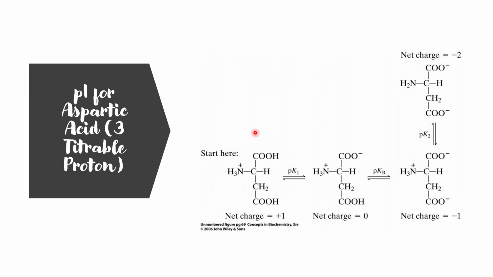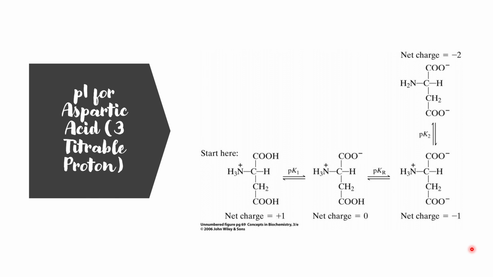So at low pH the moiety has a net positive charge, and after addition of base it has a net zero charge, and as we continue to increase the pH, it will lose another proton from the R group. At this particular point the moiety has a net negative charge.